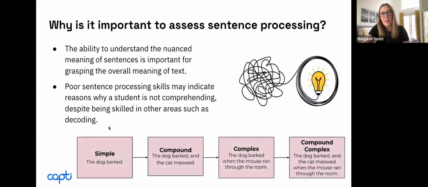As students increase in grade, the sentences become more difficult. So they may be able to process simple sentences, but they may not be able to recognize those connections between independent clauses and dependent clauses, or even what the subordinating conjunction is really signaling.